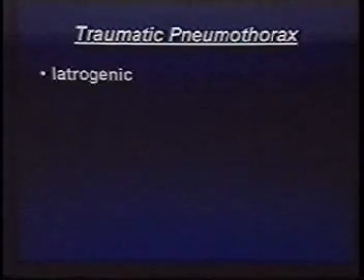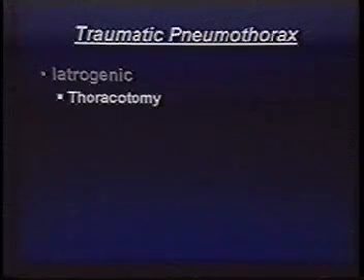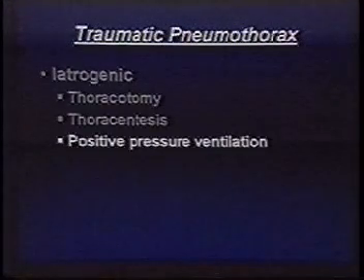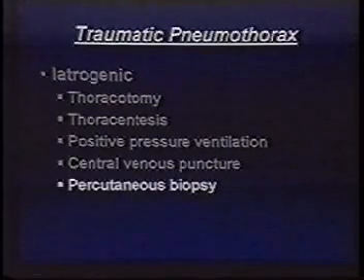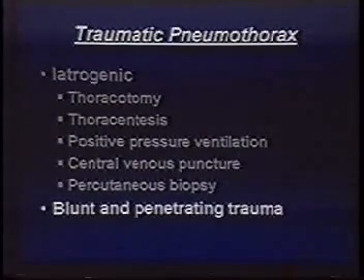And traumatic pneumothoraces can arise from iatrogenic causes, including a variety of surgical and interventional radiologic procedures, as well as positive pressure ventilation, and can occur secondary to blunt and penetrating trauma.